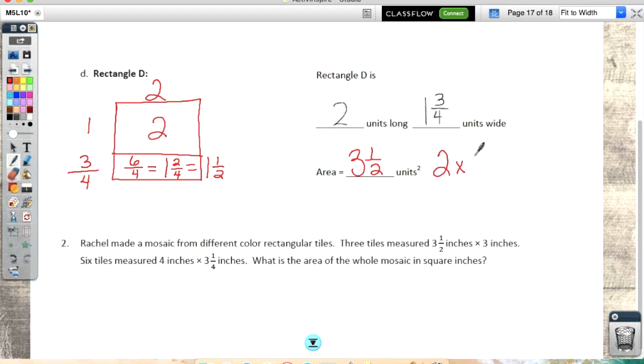So 2 times 1 3/4 is going to be 2 multiplication problems I add together. So go ahead and write this down. I'm going to do 2 times 1 and 2 times 3/4.